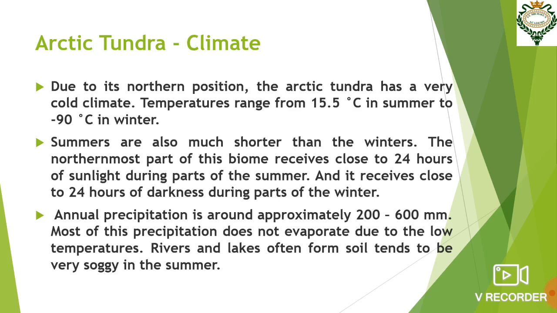Besides these two seasons, there are no other seasons in this region. Winter over here is severely cold and dark, and summer brings some relief with an average summer temperature between 3 to 12 degrees centigrade. This region receives very little rainfall, that is 15 to 20 centimeters annually.